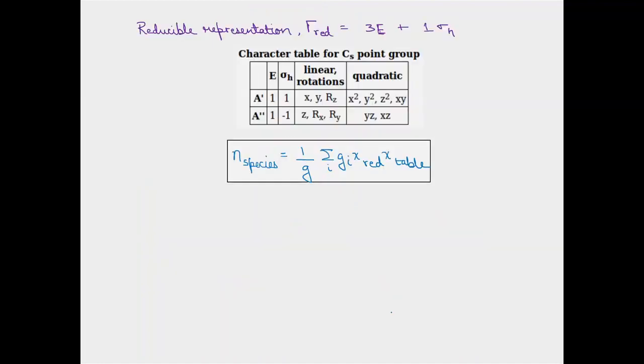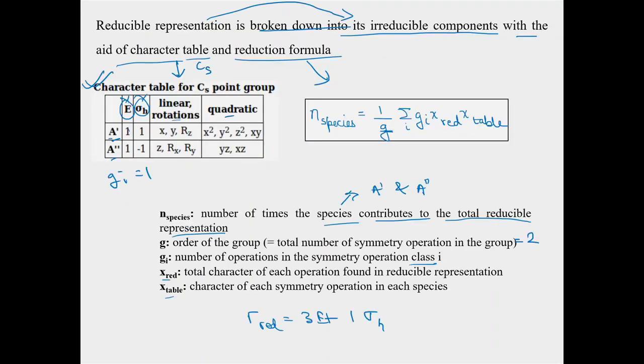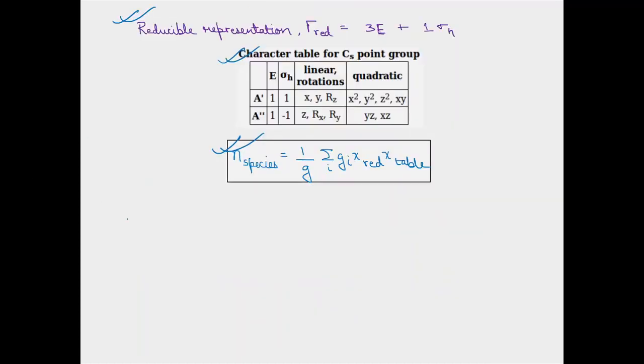So using this character table, this reducible representation and this reduction formula, we will now find out n species, the number of times each species contributes to the total reducible representation. Let's find out first n A dash.